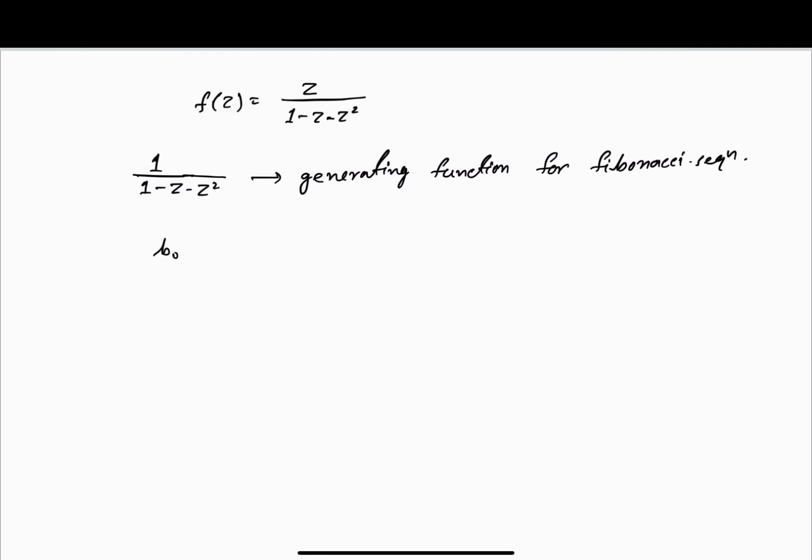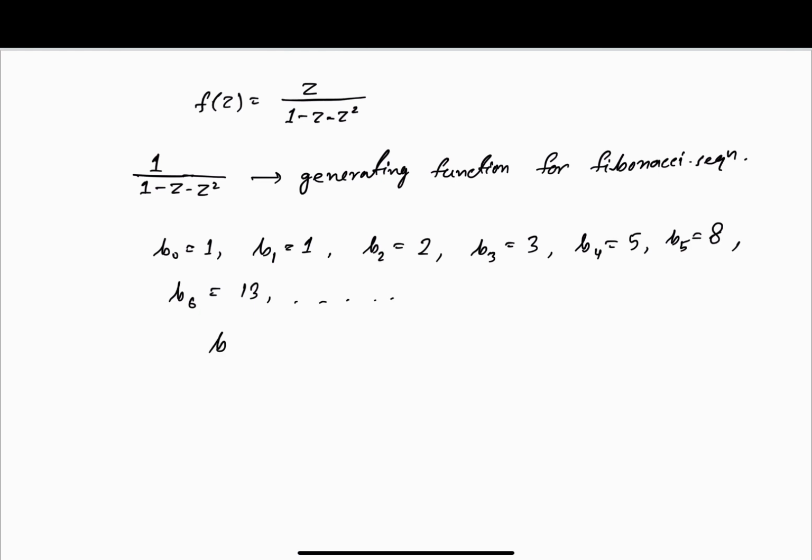Suppose b0 is 1, b1 is 1. Now what will be the second term? Just add the previous two terms, so it is 2. b3, add the previous two terms, 3. b4, 5. b5, 8. What will be b6? Add the previous two terms, 13, and so on.